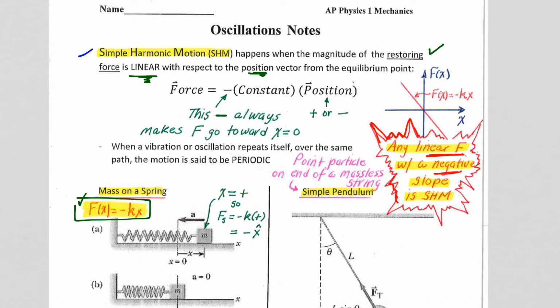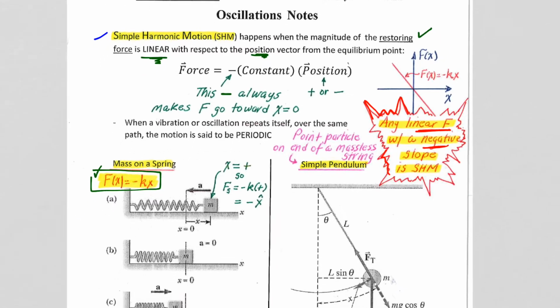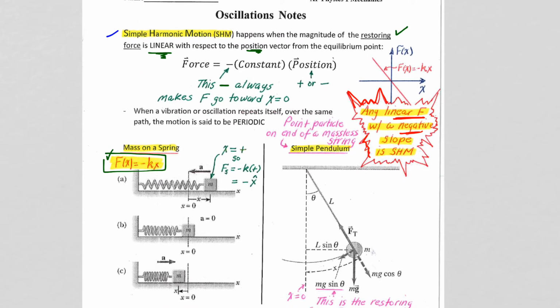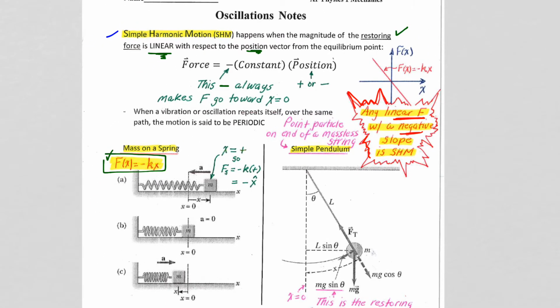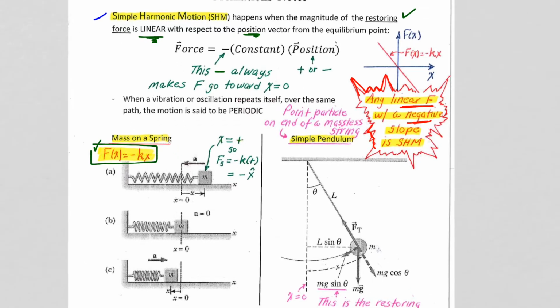As soon as you see that negative slope, linear force, you know you are dealing with an object that will be undergoing simple harmonic motion if released and let oscillate without any friction or applied forces to bring it to a stop. So the spring force will be the first one that we study and the most important one.